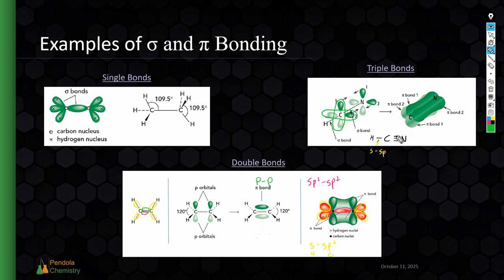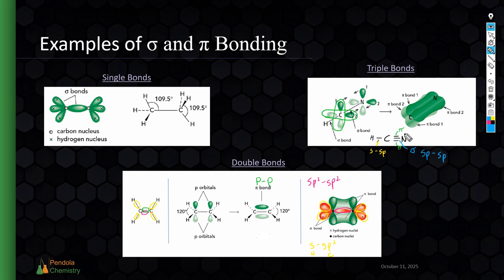And that's why in a triple bond, there are two pi bonds. We'll label the top one and the bottom one as pi bonds, with that central one still being a sigma bond. And that sigma bond is formed between the sp orbitals in the carbon with the sp orbitals in the nitrogen.